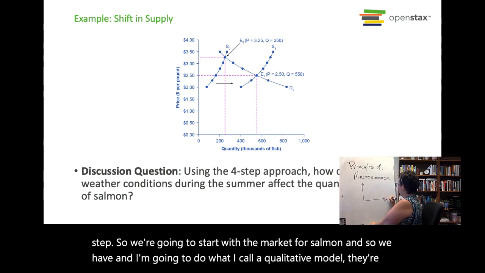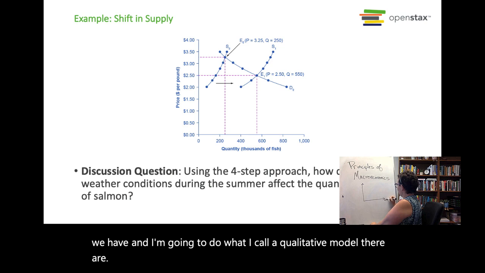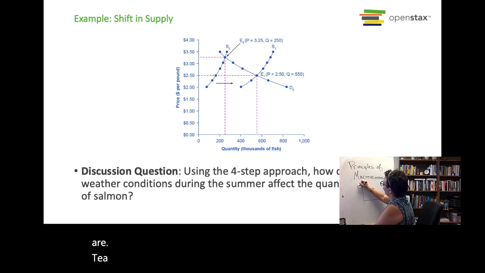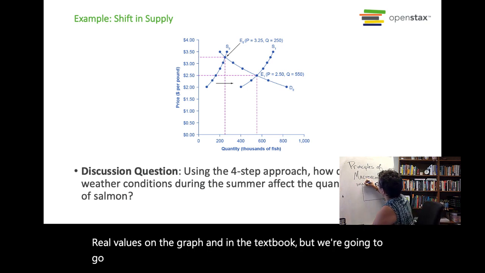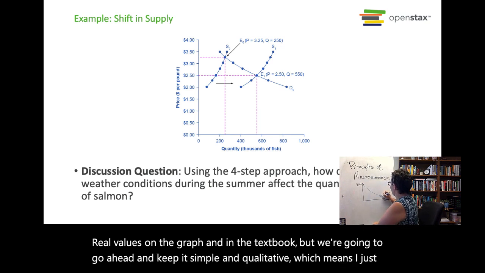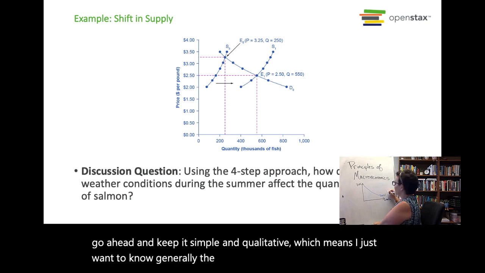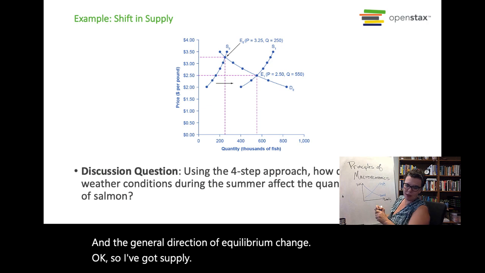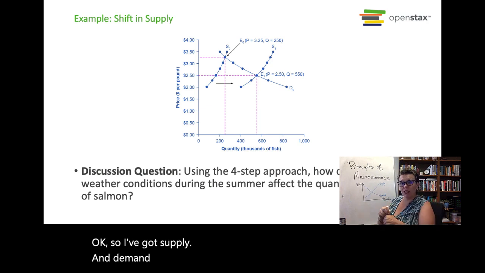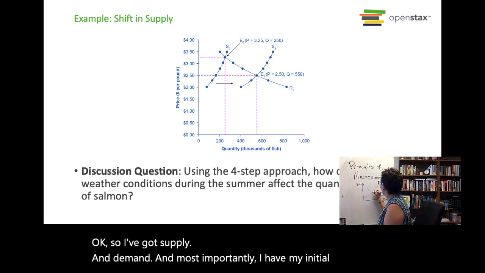There are real values on the graph and in the textbook, but we're going to go ahead and keep it simple and qualitative, which means I just want to know generally the direction that the curves move and the general direction of the equilibrium change. Okay, so I've got supply and demand, and most importantly, I have my initial equilibrium.